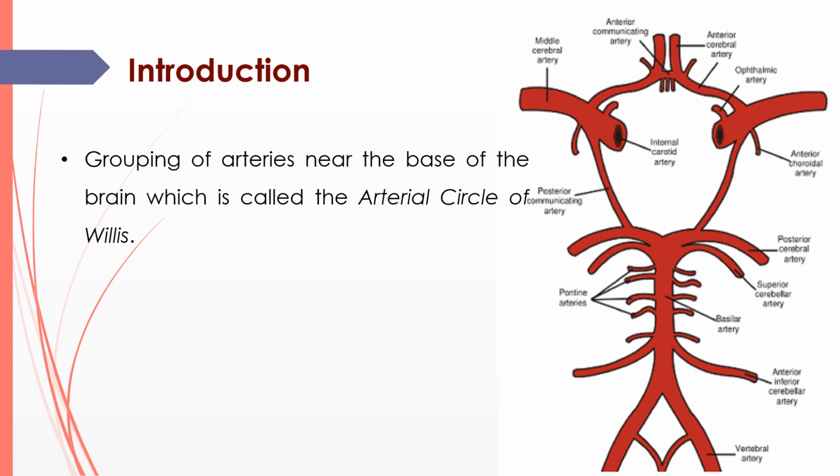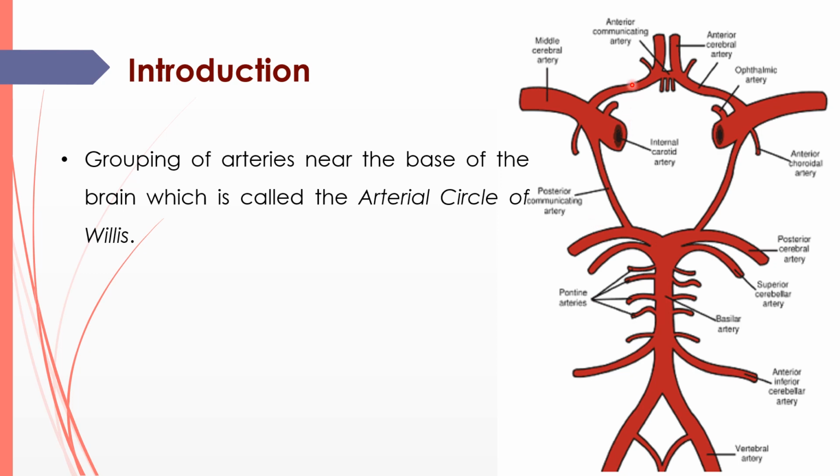The grouping of arteries near the base of the brain is called the circle of Willis. This is the circle of Willis, the anastomosis of the cerebral arteries together.